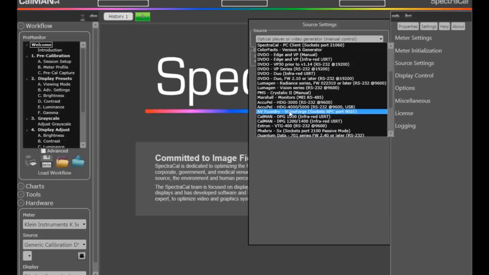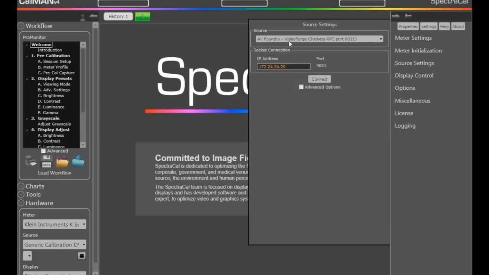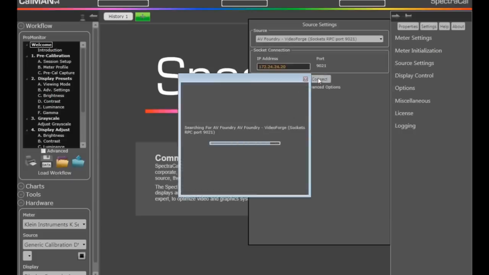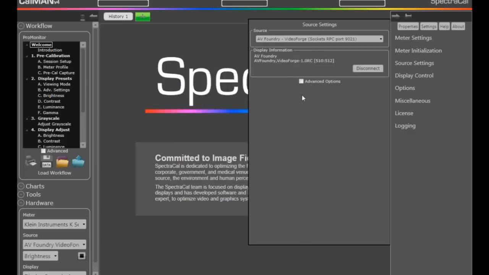In this case, we are, as I said, using the Video Forge generator. So I would select that from the list and then simply click the Connect button. And again, the software would go out to the ports on the computer, identify that connection, and set that up properly.